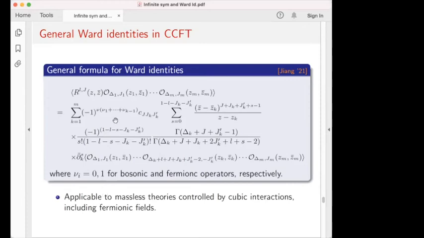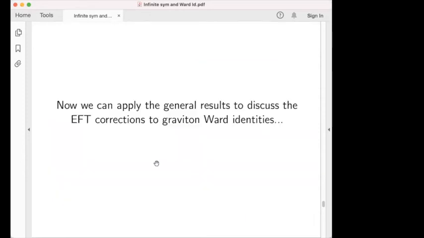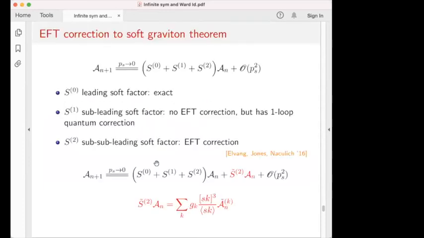So this Ward identity is applicable to massless theories controlled by cubic interactions, and it also applies to fermionic theories. And the previous graviton Ward identity is just a special case. So I can use it to discuss the EFT corrections to graviton Ward identities.